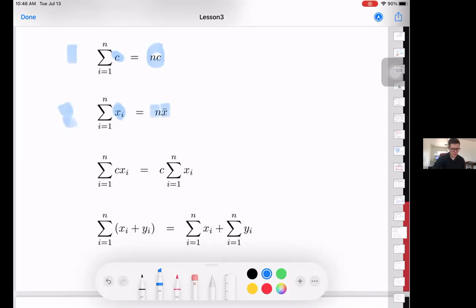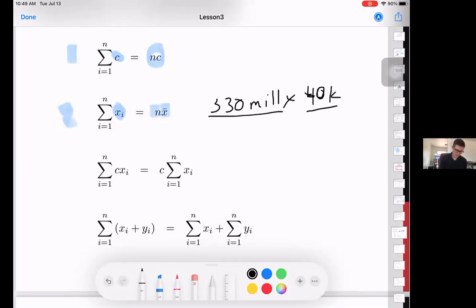So if you want to know how much income is earned in the whole country, and I told you what the average income in the country was and how many people there were, you could just multiply how many people there are, 330 million people, times the average income, 40K or something like that. You'd be able to find the total income with the average and the number of people in the sample or in the population.